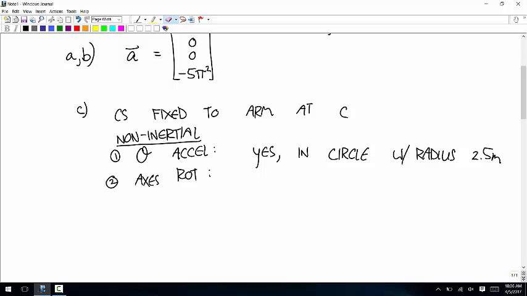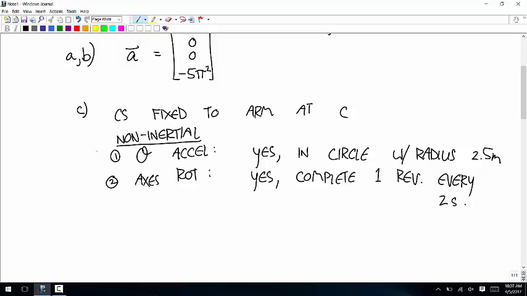I mean, you could have the origin fixed at the arm and have it staying at the same orientation as it goes around. But in this case, the coordinate system is rotating as it goes around. So yes, the axes complete one revolution every 2 seconds.